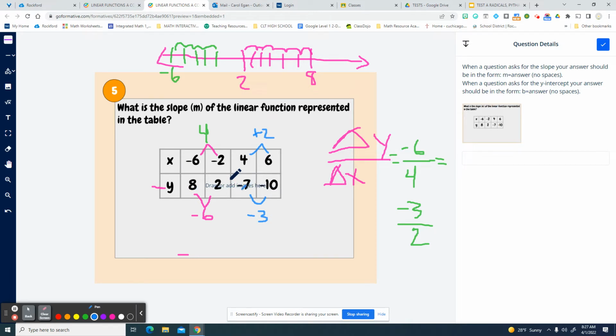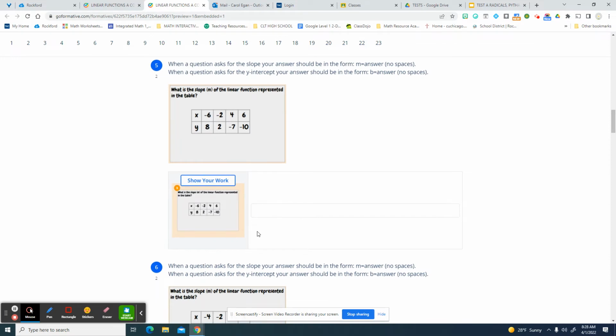If your y never changes, like if you're doing that as an equation, you'd have y equal to a number, so that means you're going to have a 0 slope. And if your x never changes, that's where you're flying, and that's going to be undefined. So that's finding slope from a table.